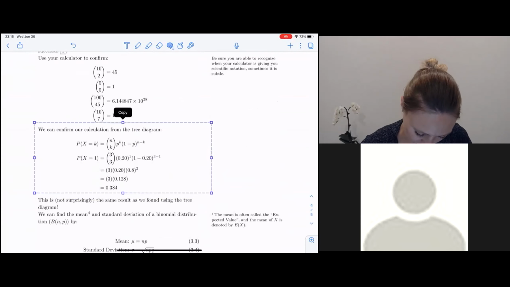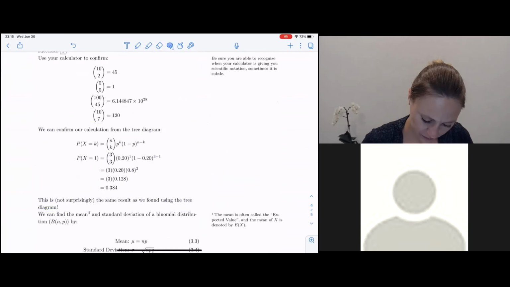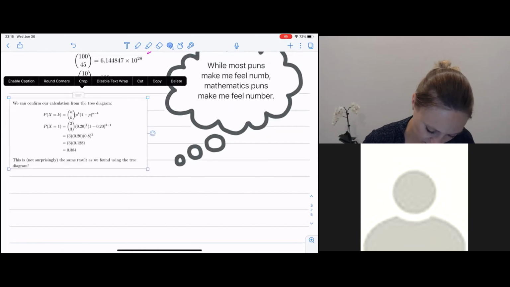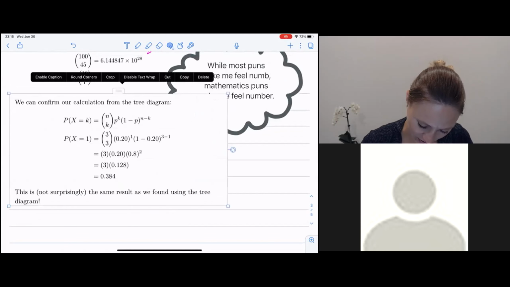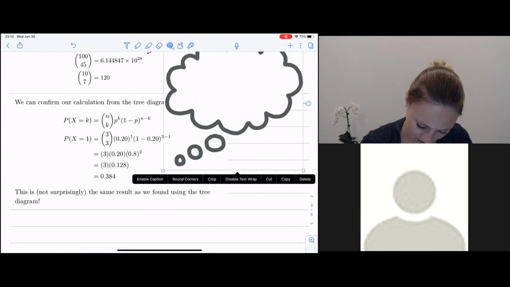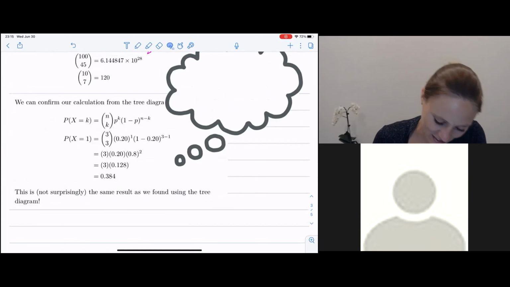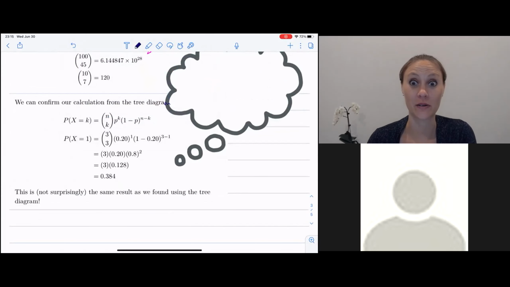Now, we can confirm our calculation from the tree diagram using the binomial distribution.